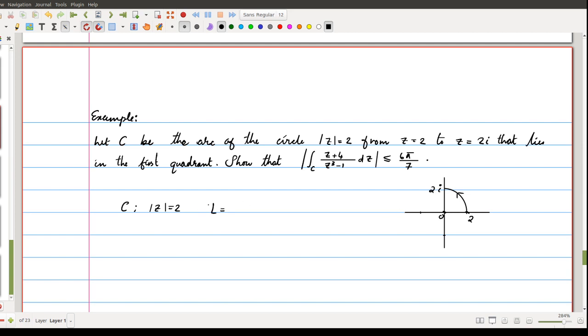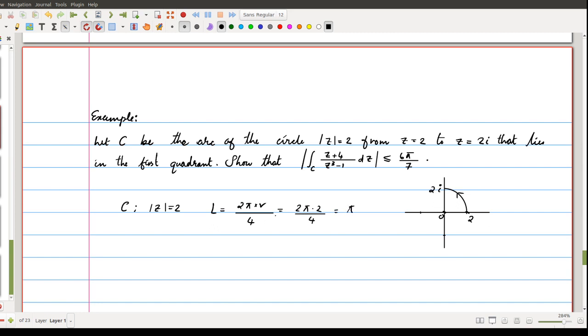The length of the circle is 2 pi r, which is the perimeter of the whole circle, and we need to take 1/4 of this length, because we consider only the part of the circle in the first quadrant. So L is equal to 2 pi r by 4, and since the radius is 2, this is 2 pi times 2 divided by 4, that is pi.